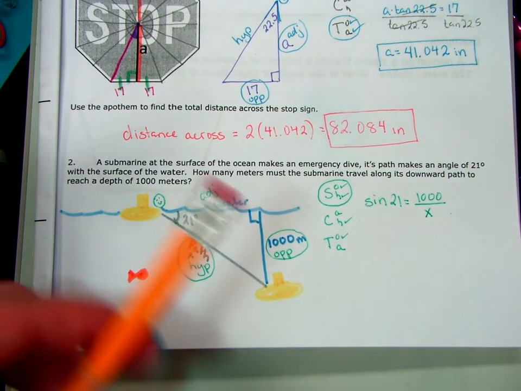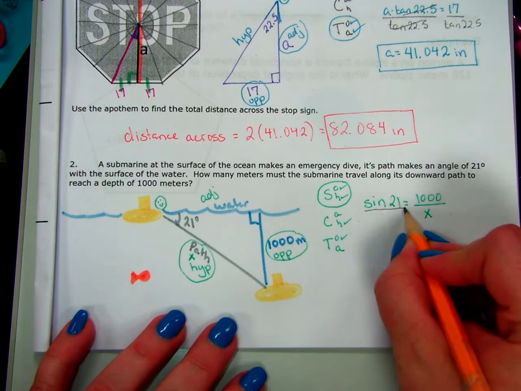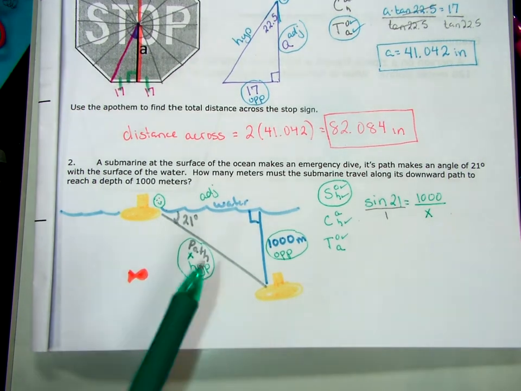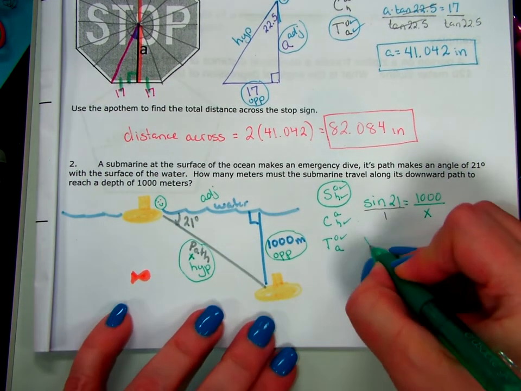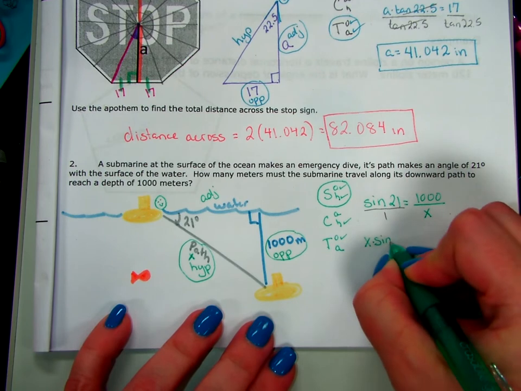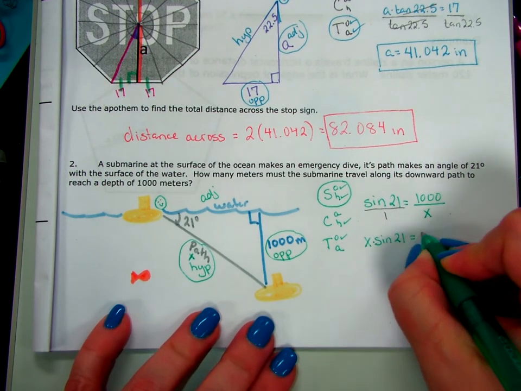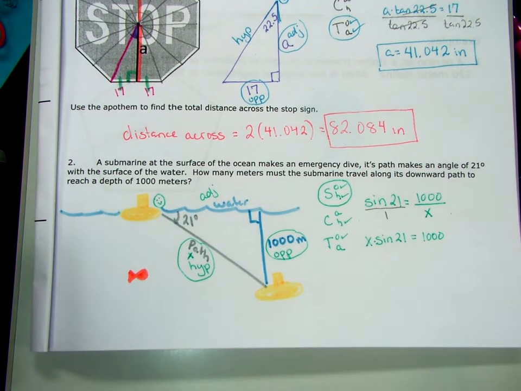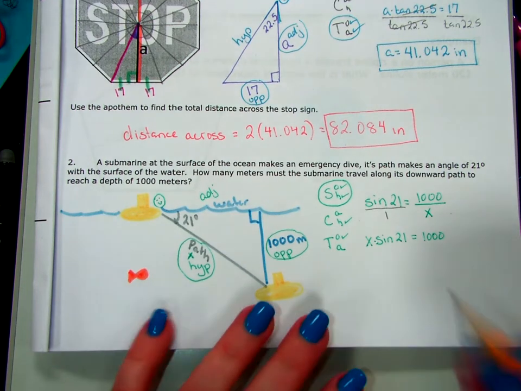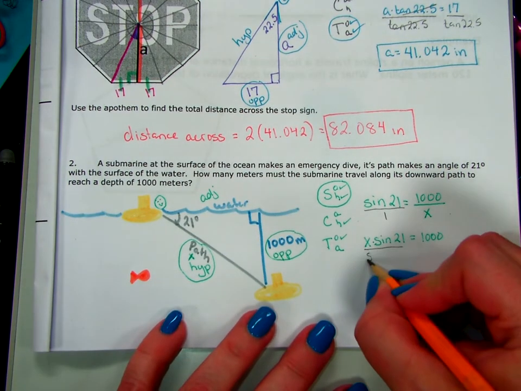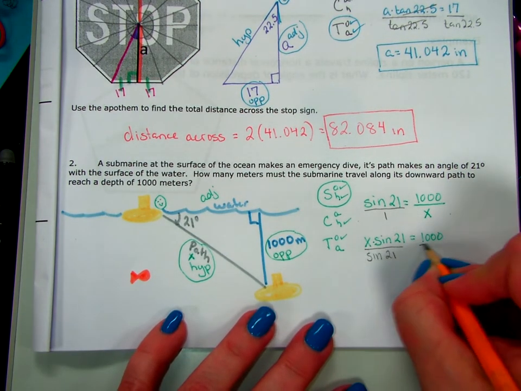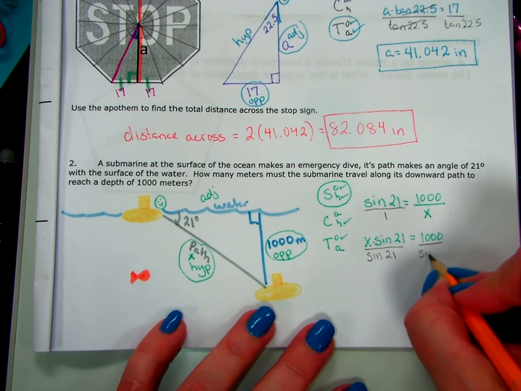So again, in this problem, when I put this over 1 and I cross multiply, I'm going to have to divide again, which you can skip writing this step down. I like to, again, put it in my notes so I don't forget how I got to the next step and why I divided. We're going to divide so that we get the x all by itself.